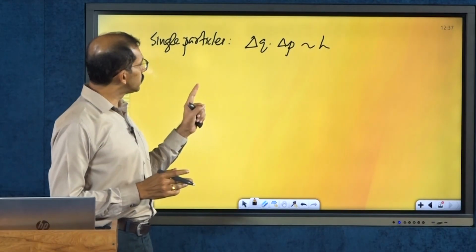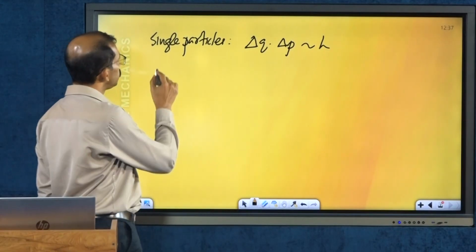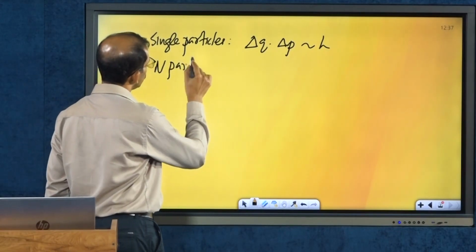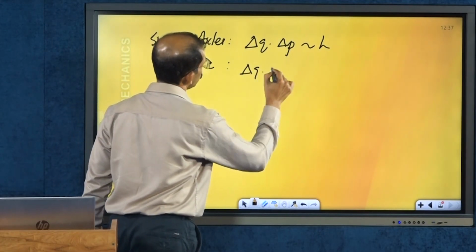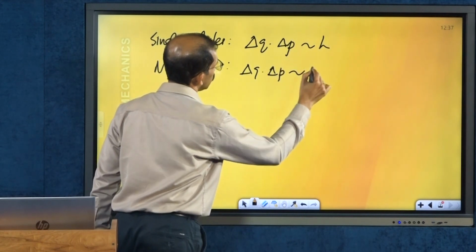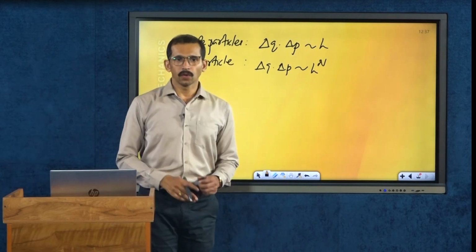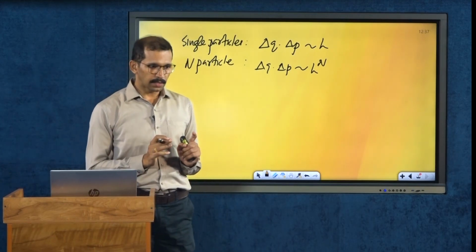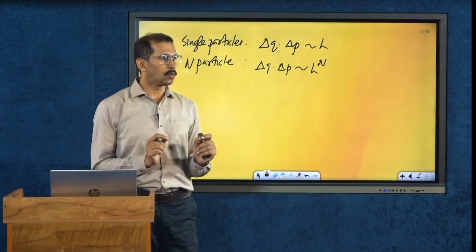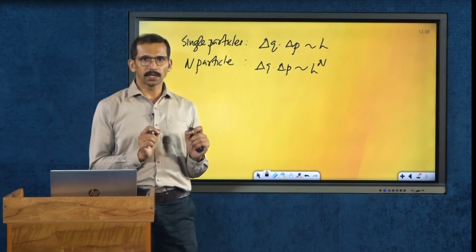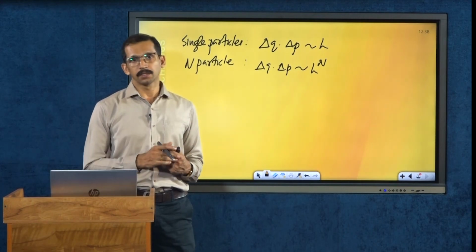And if I take an N particle system, that could be delta Q delta P is h raised to N. So here we are assuming that it is confined in one single dimension, because delta Q is only about one single axis. So delta Q into delta P is nearly equal to h raised to N for an N particle system.